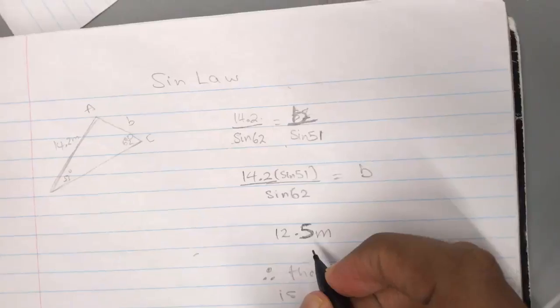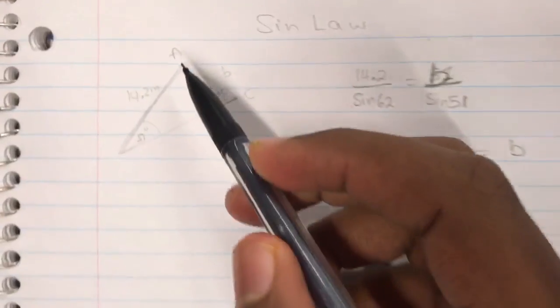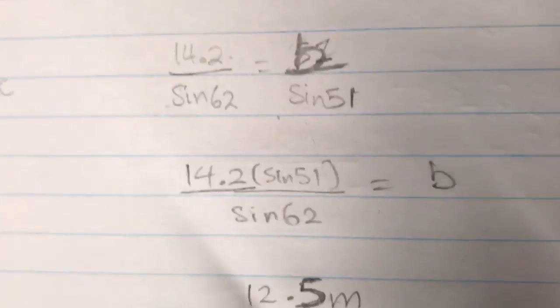Hi, my name is Abu, and I'm going to be teaching you guys how to do sine law. In this situation, we are only given this angle and this angle. We would like to find the length of b, and we do that by using the sine formula for finding the length. So first we put in the length on top of the sine 60.